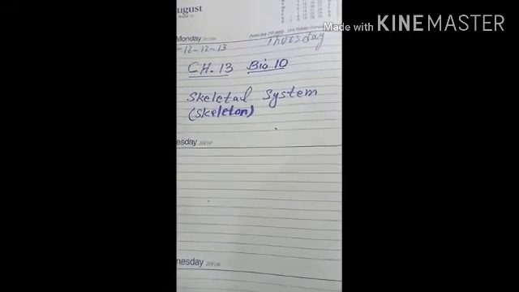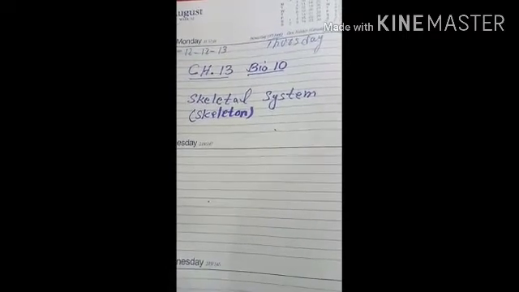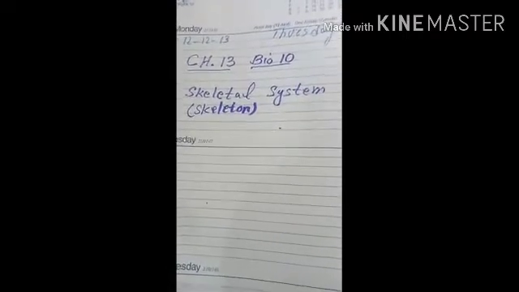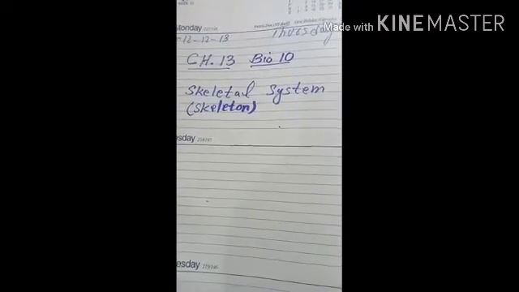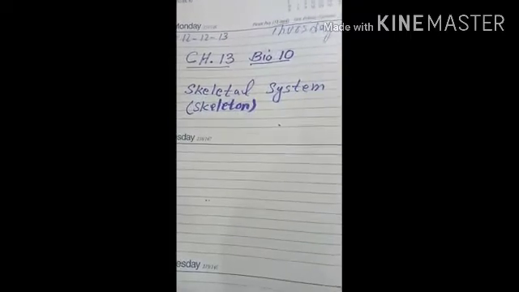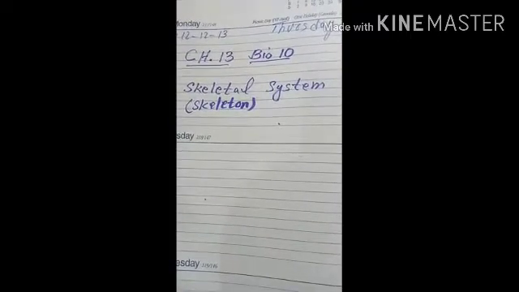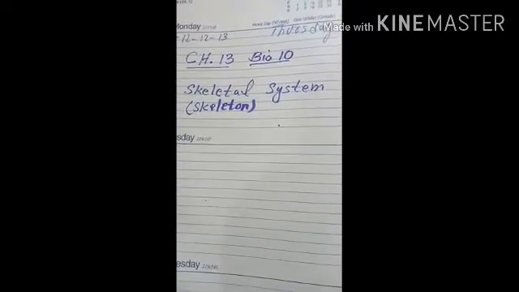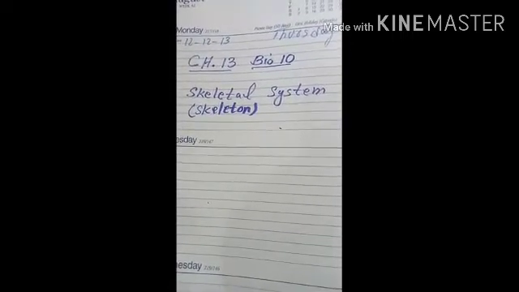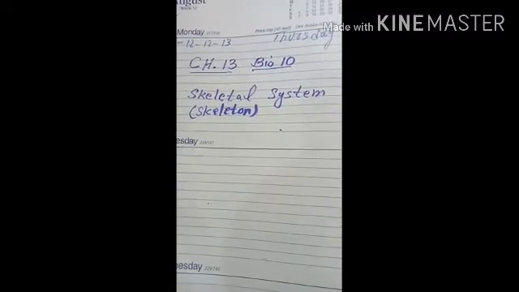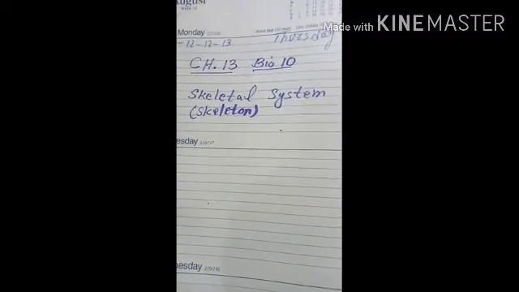Skeletal system consists of muscles and bones. All the bones in the body, along with the muscles attached to them, in particular skeletal muscles, which are the muscles attached to the bone.